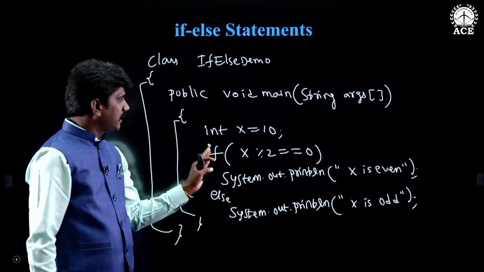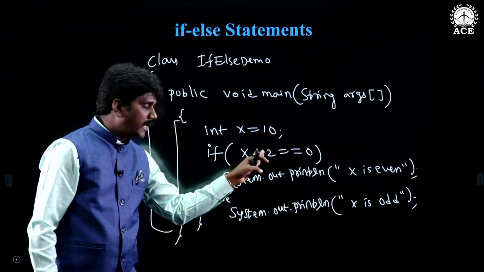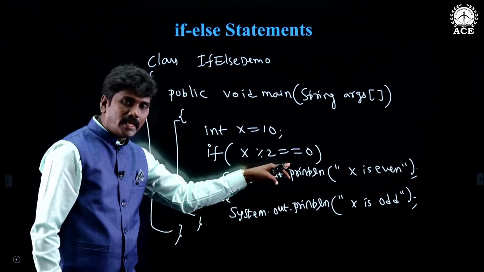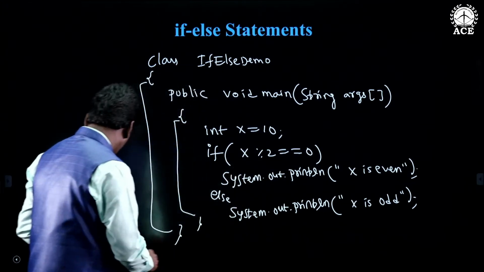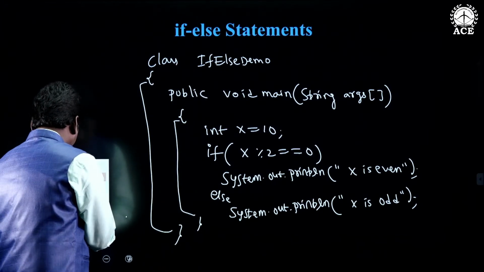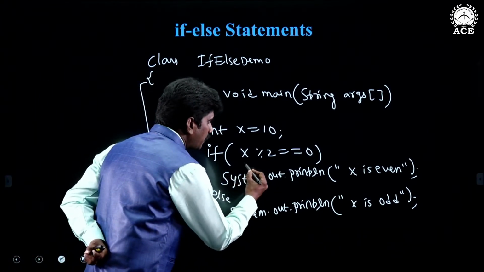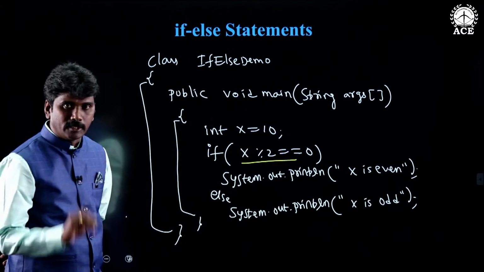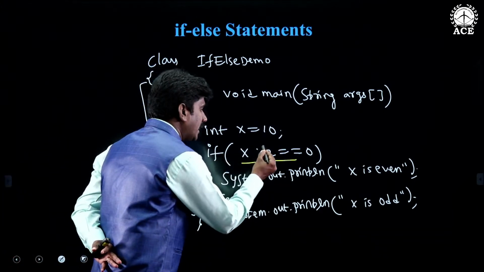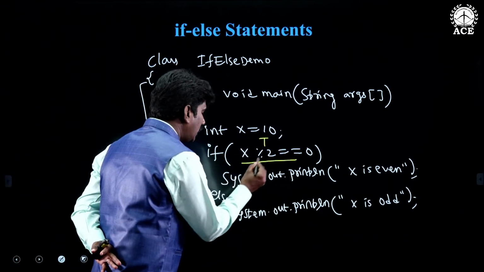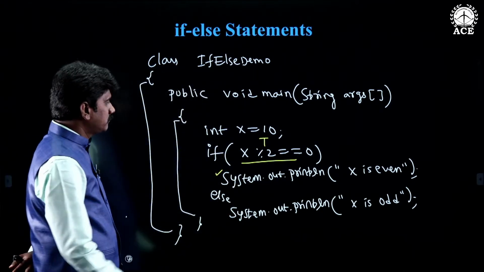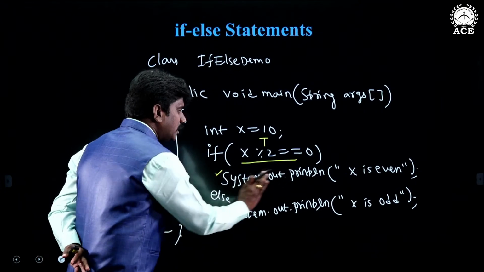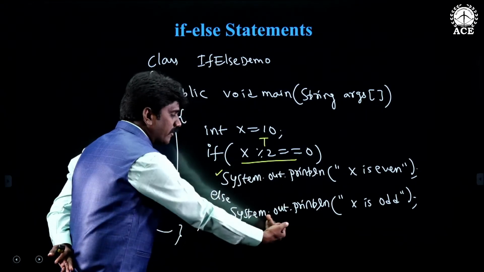Now here, int x is equal to 10, if x mod 2 is equal to 0, here we have one condition or one expression, x mod 2 is equal to 0. If this condition is true, in that case the if block will be executed. If it is false, then this block will be skipped and the next one will be executed.